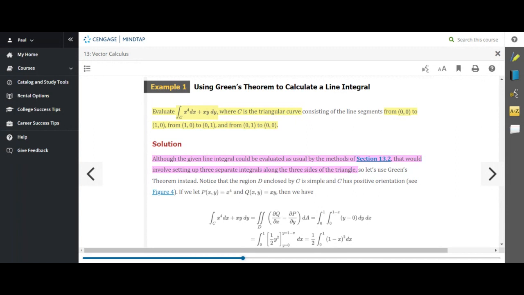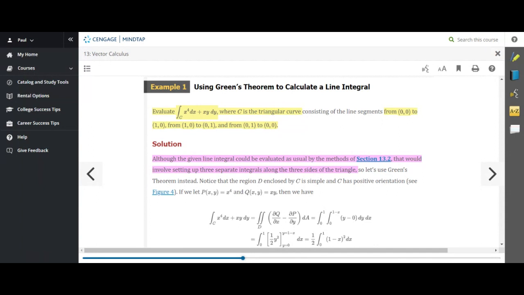How many recall that in the homework, and maybe elsewhere? Okay, Norina recalls that. Absolutely. And Simon recalls that. Good.